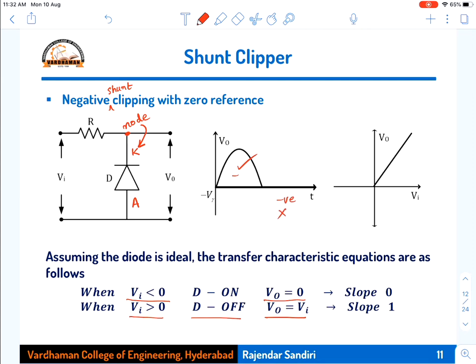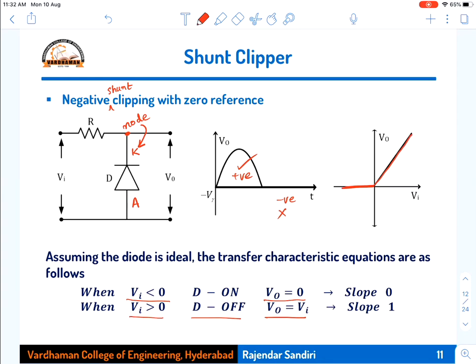Okay. Then your transfer characteristic plot will have slope equal to 1 where Vi is greater than 0 and slope equal to 0 for Vi less than 0. That means you will be getting a graph like this.